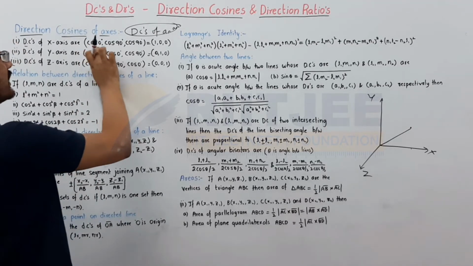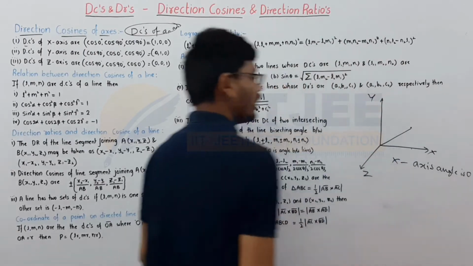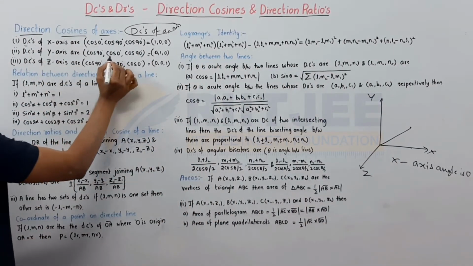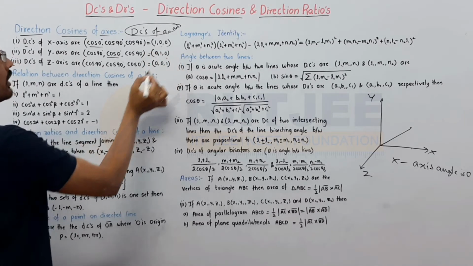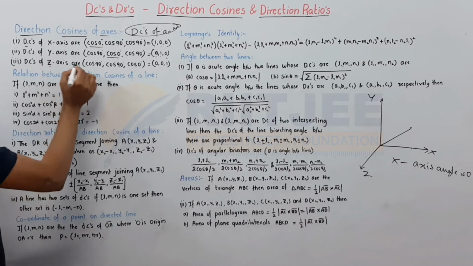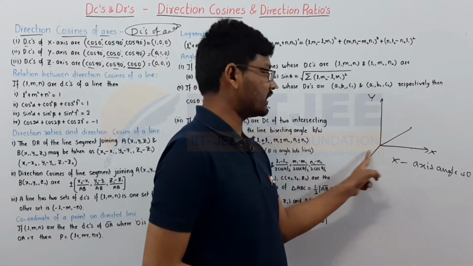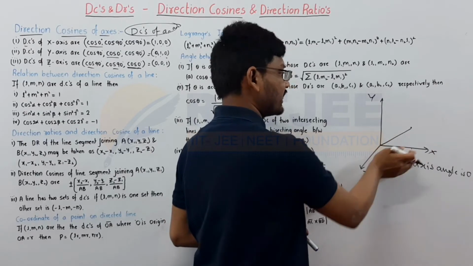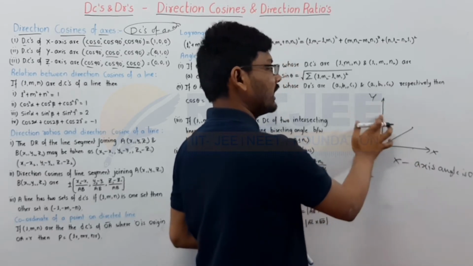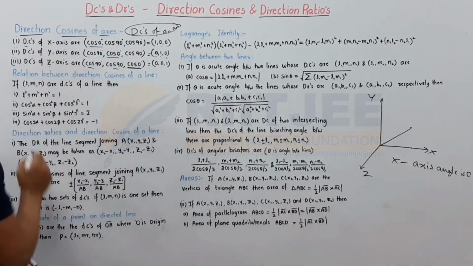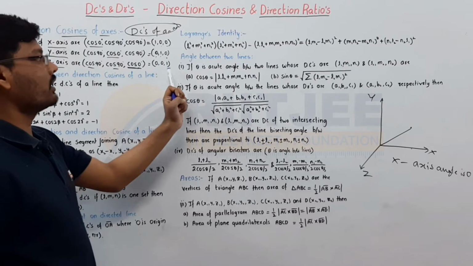On the x-axis the angle is 0, so cos 0 is 1, and the remaining angles are 90 degrees, because the x-axis is perpendicular to the y and z axes, the y-axis is perpendicular to the x and z axes, and the z-axis is perpendicular to the x and y axes. Similarly, the DCs of the x-axis, y-axis and z-axis are 1, 0, 0 and 0, 1, 0 and 0, 0, 1.